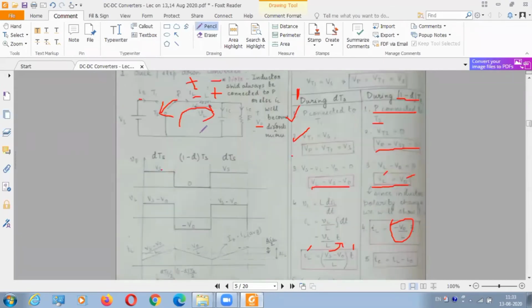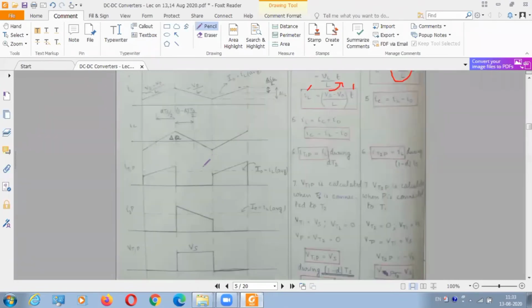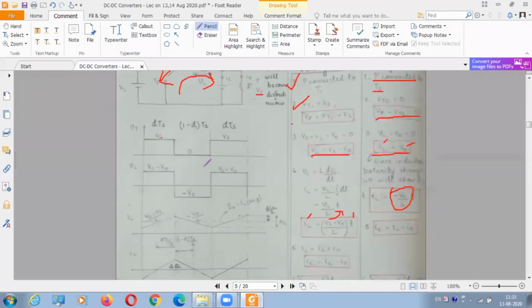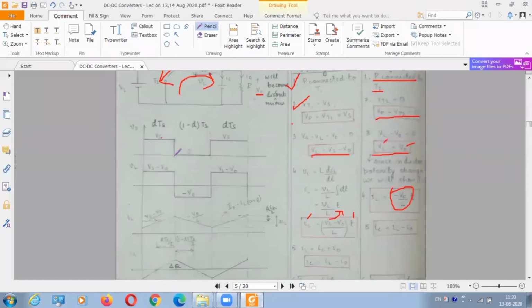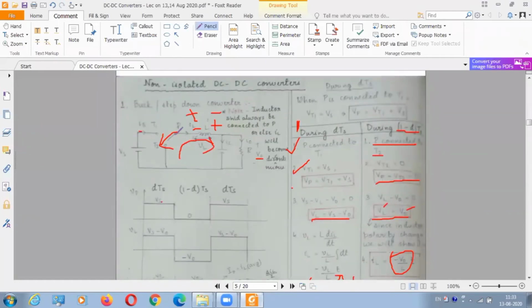Now, going to this figure, IT1P. Is P connected to T1? No. So no current will flow through T1 to P. So IT1P is 0. Now what we are plotting over here is IT2P, current from T2 to P in this direction.